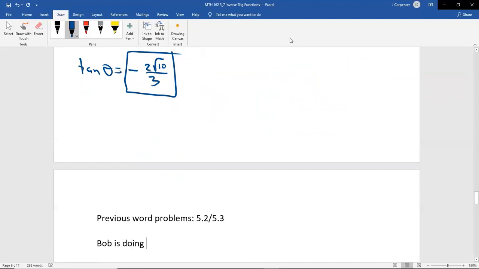Bob is doing physical therapy. And he's laying flat on the ground and he's trying to lay his arms flat. So he takes his arms, which are initially pointing straight up. He's holding a bar and he's using one of his arms to bend behind his head. And he manages to drop his arms as low as possible.